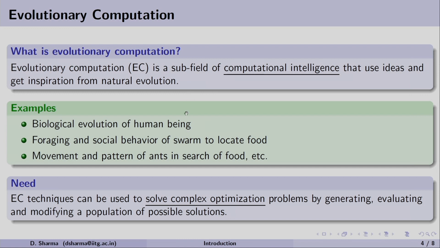There are various examples available, such as biological evolution of human beings, foraging and social behavior of swarms to locate food, and movement and pattern of ants in search of food, etc. The overall aim of EC techniques is to solve large and complex optimization problems that are arising in the industries as well as in research.